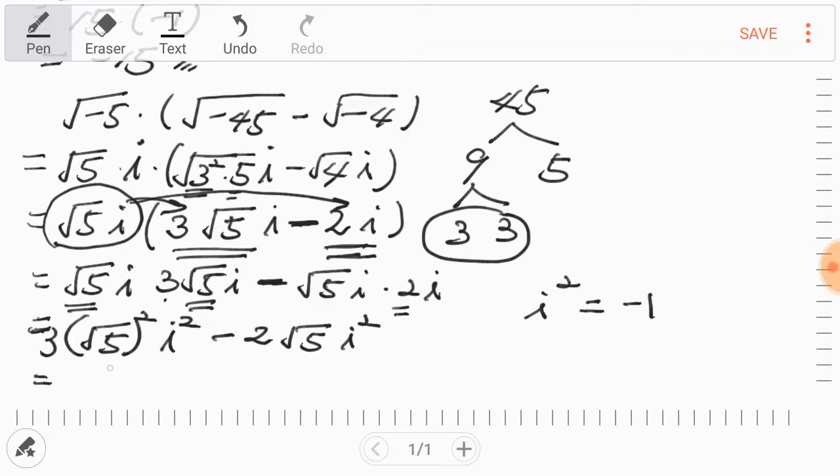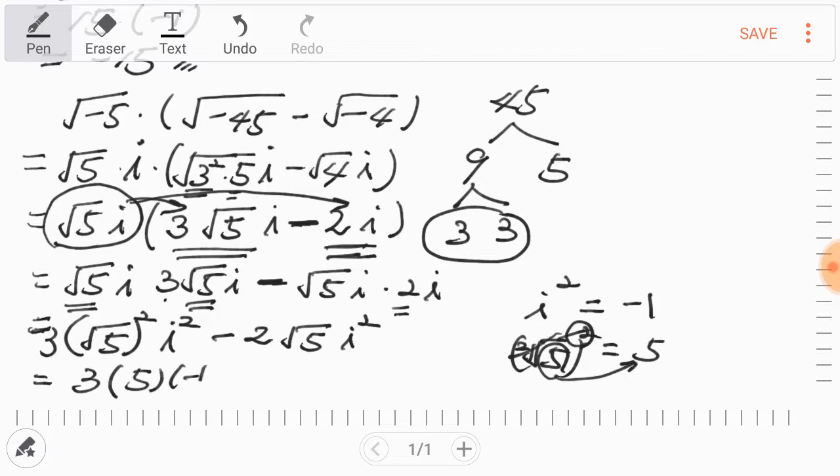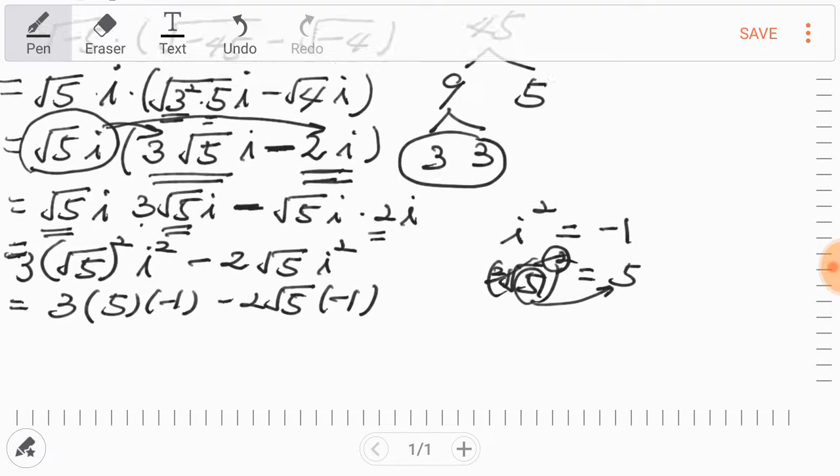So replace i squared with negative sign, 3 times, and square root of 5 squared is equal to what? Okay, the power and the square root kill each other, becomes only 5. So 5 times negative 1 minus 2, and this one stays inside, square root of 5, then times negative 1.